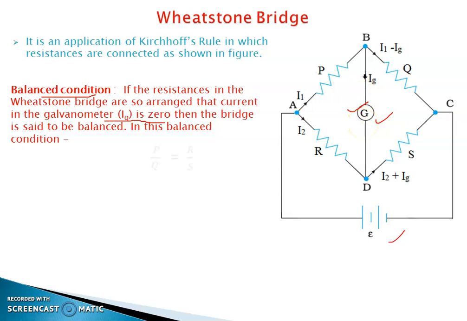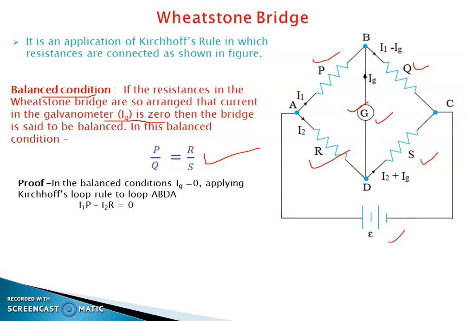So if this condition holds, then we can say P by Q is equal to R by S, means the ratio of these resistances is equal to ratio of R and S resistances. Now if we know three resistances, we can find the value of the fourth one, right?